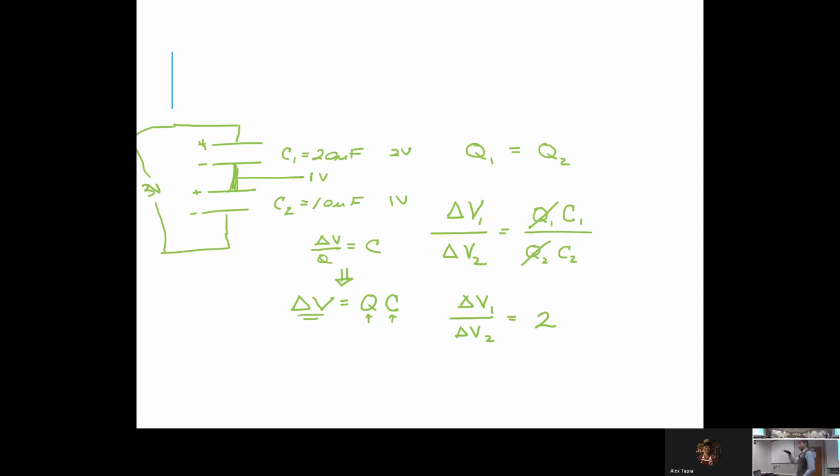Has a potential of 1 volt above the bottom plate. Or say you need it to be at 1.5 volts, you'll put 2 capacitors in that are exactly the same, and it'll cut the potential in half.